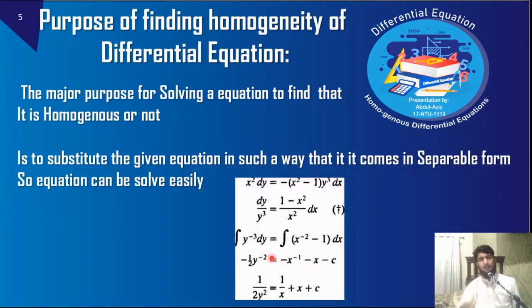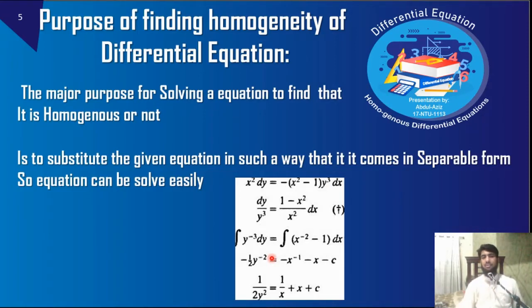So what is the purpose of finding the homogeneity of a differential equation? The major purpose of checking whether a differential equation is homogeneous or not is to substitute in the given equation in such a way that it comes into separable form, so we can solve it in further classification.